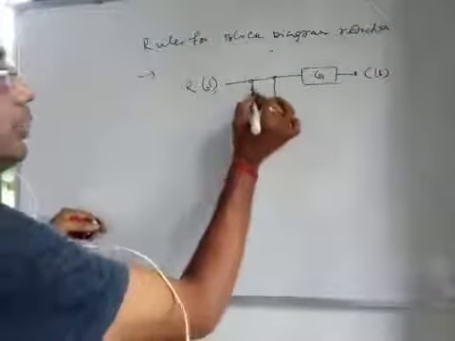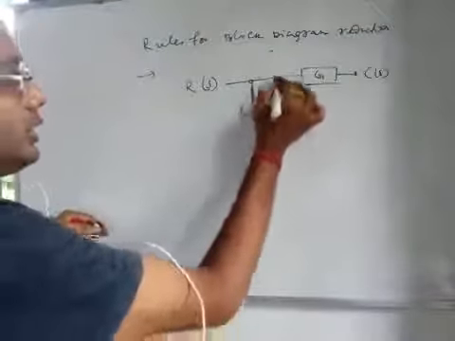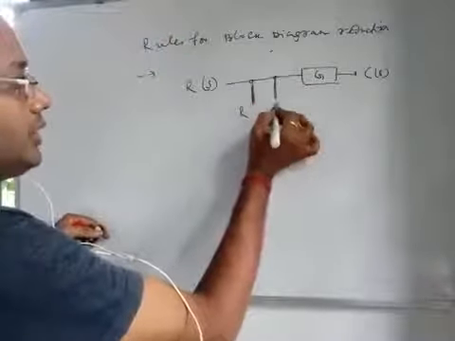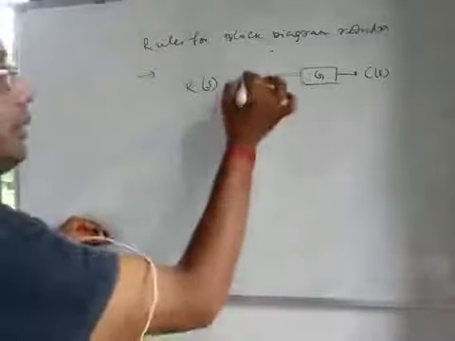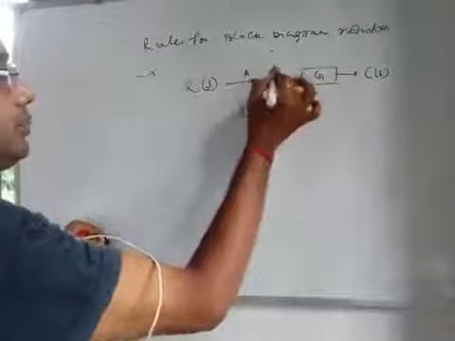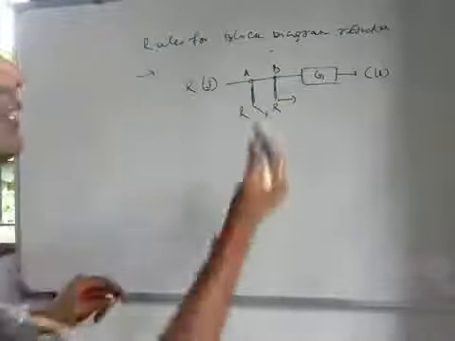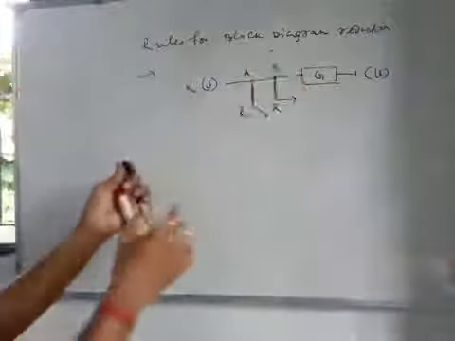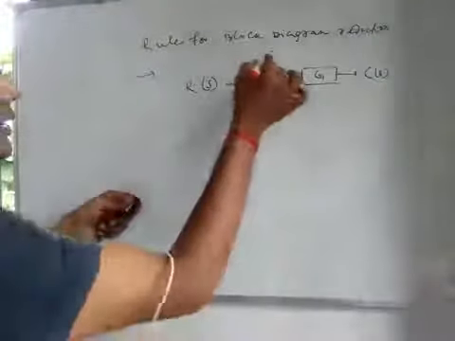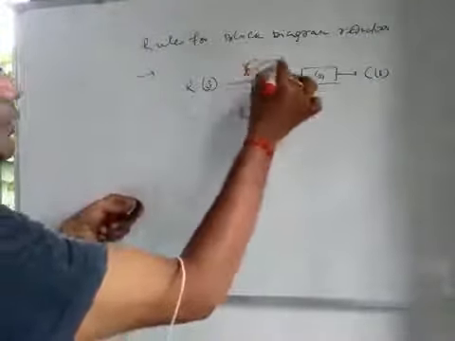So this is the takeoff point which has the value R. This is also a takeoff point which has the value R. Maybe this is A, maybe this is B, one going somewhere, one going somewhere else. So these A and B may be interchanged.